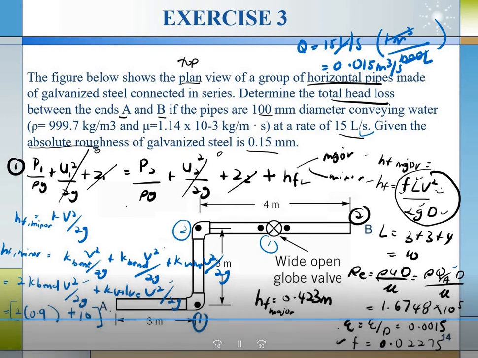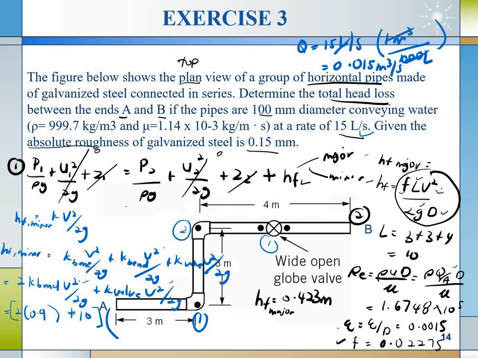So in here, V is equal to Q over A, right? So 0.015 over pi d squared over 4.